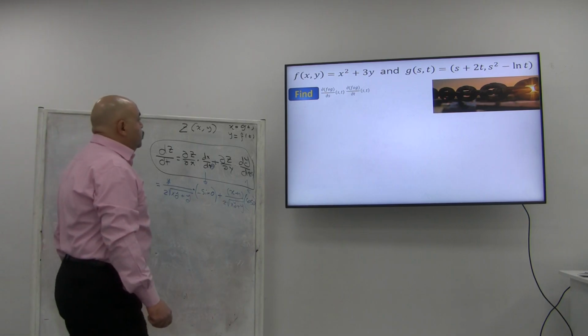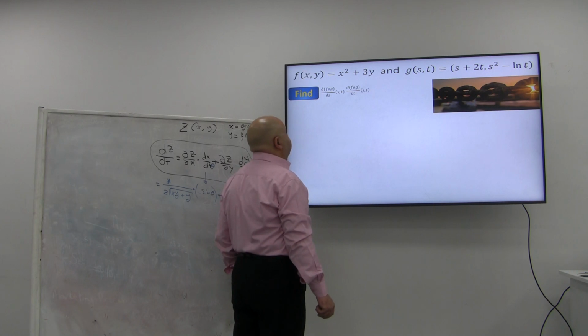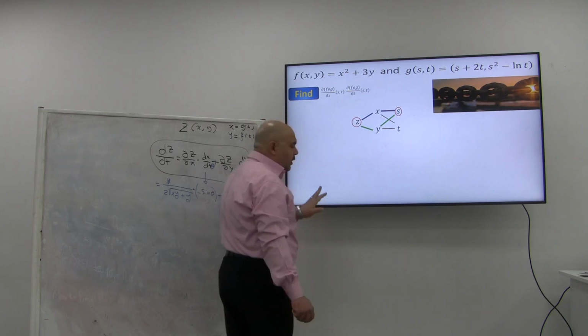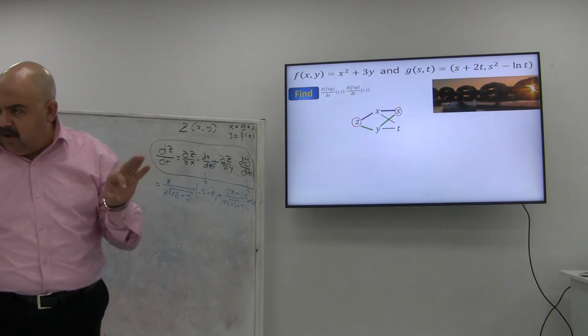Okay, so I need to find partial f composite g with respect to s, partial f composite g with respect to t as functions in s and t. That's the simple diagram. I usually don't follow it. I like to write my stuff directly.